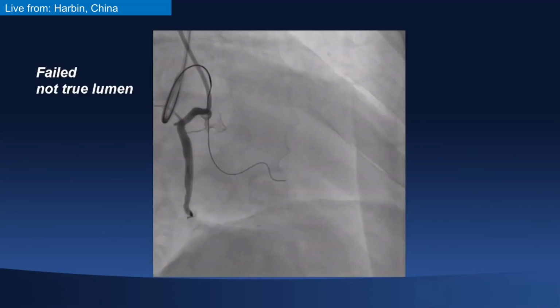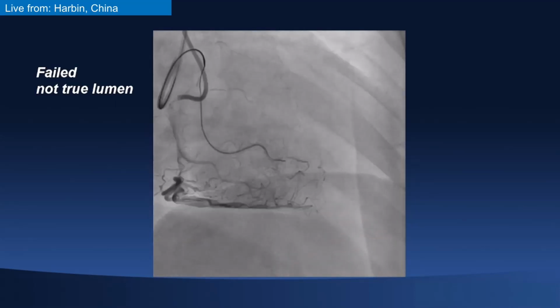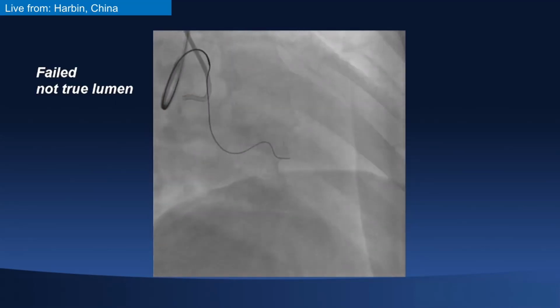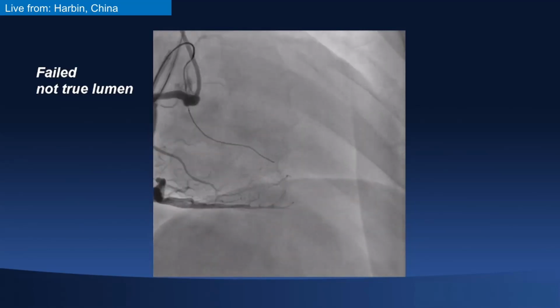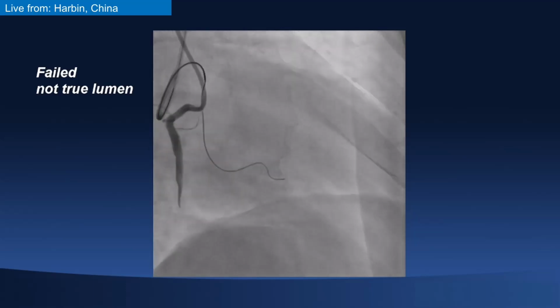The patient underwent a CTO PCI with an antegrade approach, but the wire did not enter the true lumen.